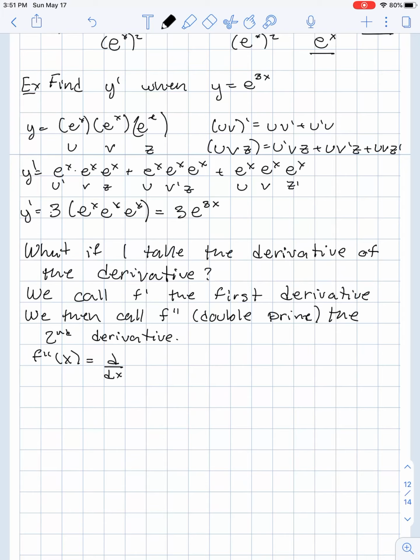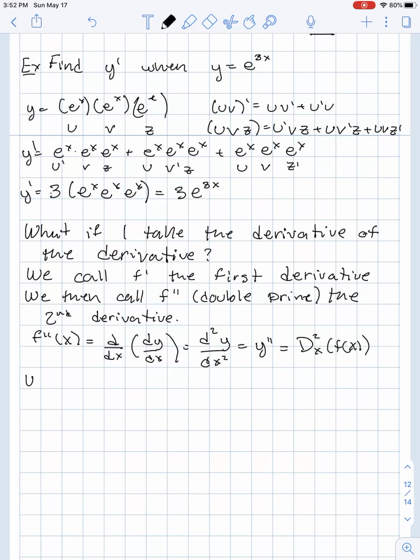So f double prime of x, we can write it as the derivative with respect to x of the first derivative, which simplifies to d2y dx squared. Also y double prime and d2 of x, f of x.